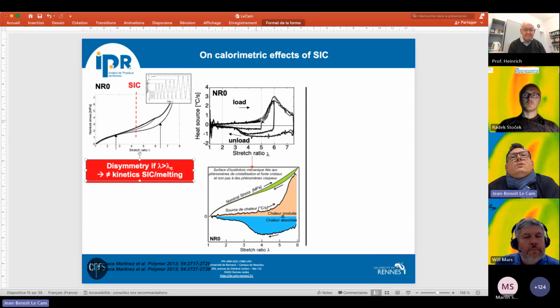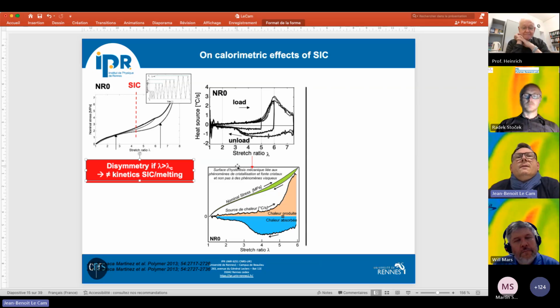This is due to the fact that the kinetics of crystallization, so the heat production rate, is different from the melting, so the heat absorption rate, during the loading and the unloading. And if we compare the heat produced and the heat absorbed, it is quite the same, meaning that there is no detectable heat produced over one cycle, relative to our tool, of course. Yet a hysteresis loop is observed.